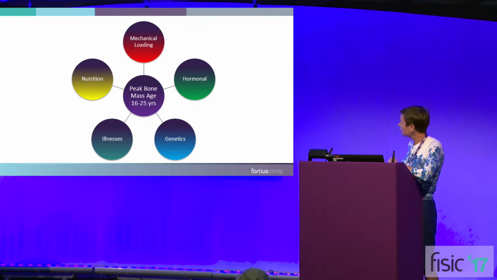And when we look at the factors that will influence achieving a peak bone mass, hormonal issues such as a delayed puberty in gymnasts, genetic factors, is there a history of bone injuries in the family, any illnesses that might have affected bone development, or indeed immobilized the patient to the extent that they would not have had that mechanical stress on the bone, nutritional deficiencies, and very importantly, mechanical loading.